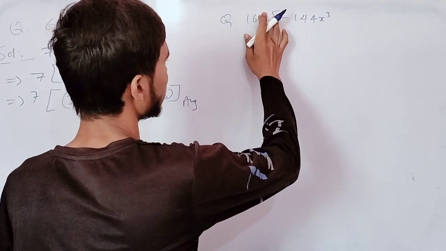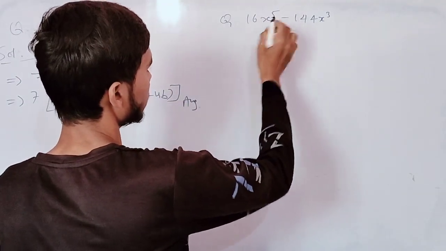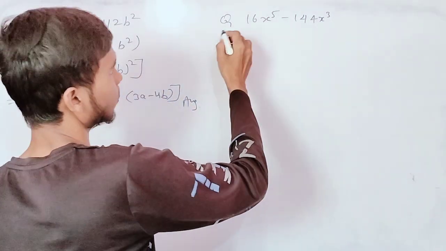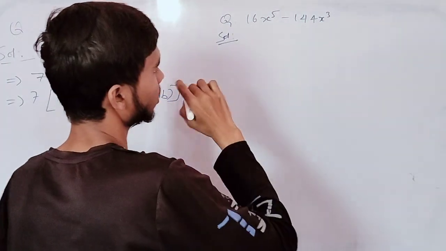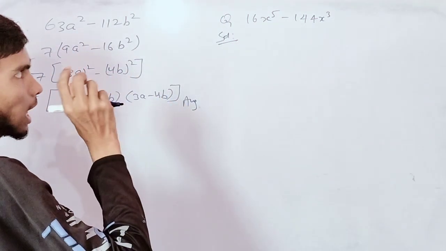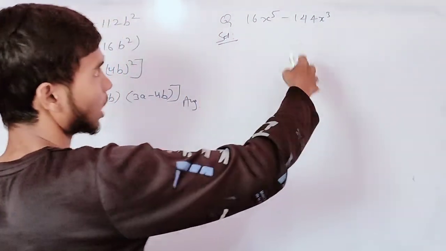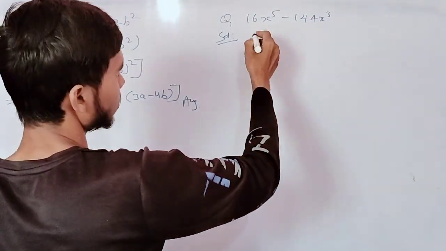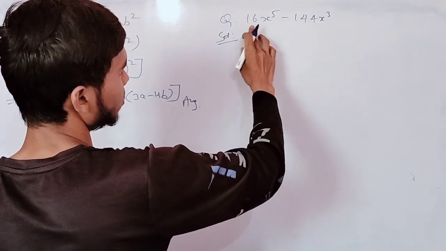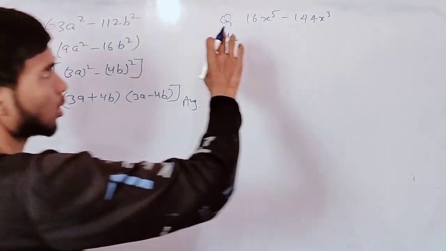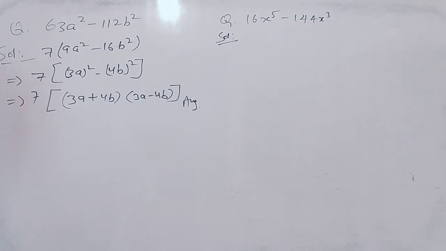So remember this is x. Now we can take common. If there is an equation like that, then you can take x square as common, x cube as common. Now 4 times 4 is 16.